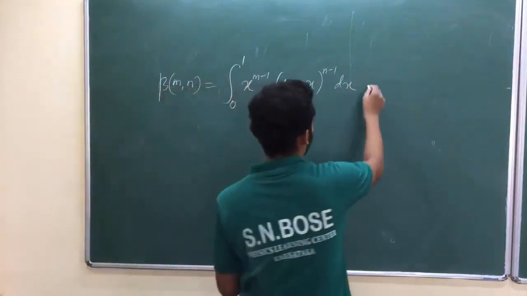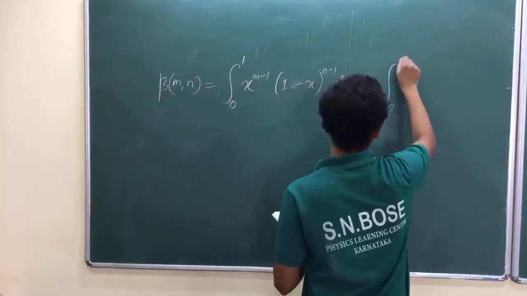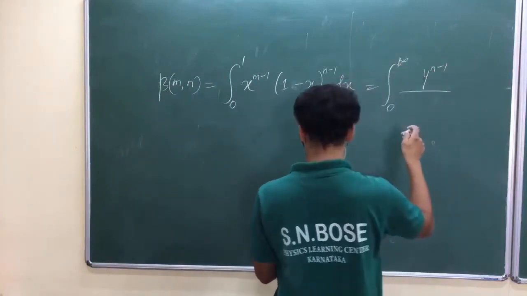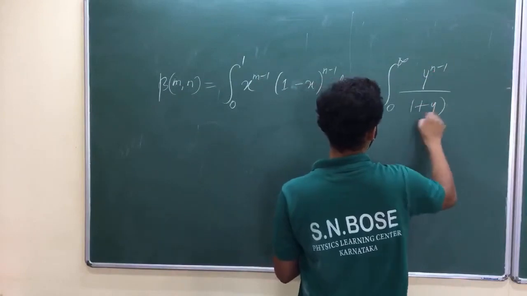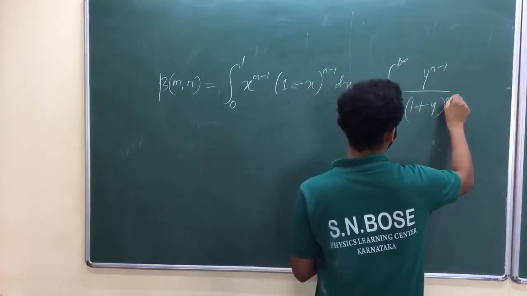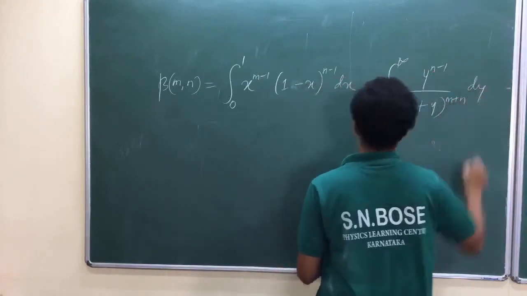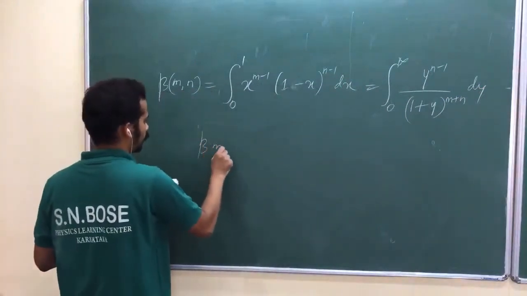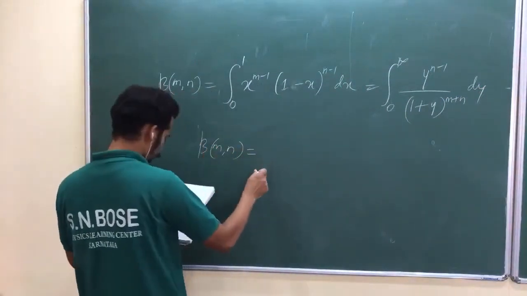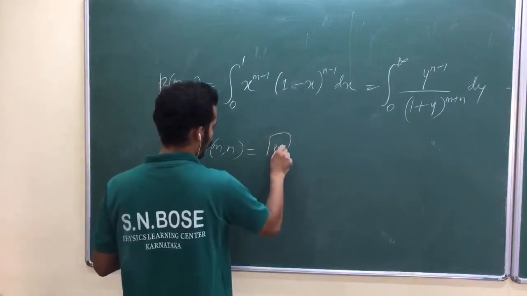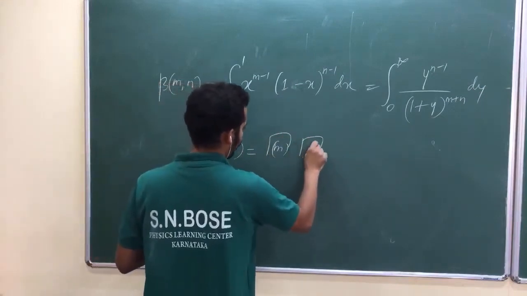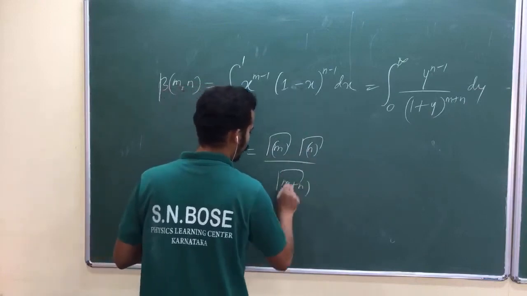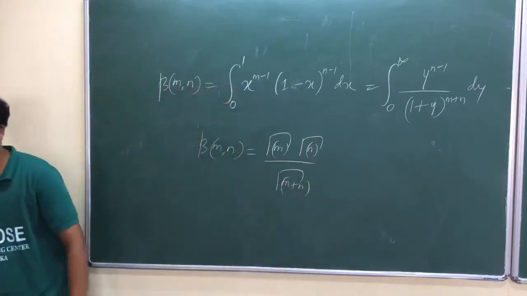Or you can define it like this: integral from 0 to infinity of y^(n-1) divided by (1 plus y)^(m+n). And somehow we can prove that this beta(m, n) is equal to gamma of m gamma of n, whole divided by gamma of m plus n.